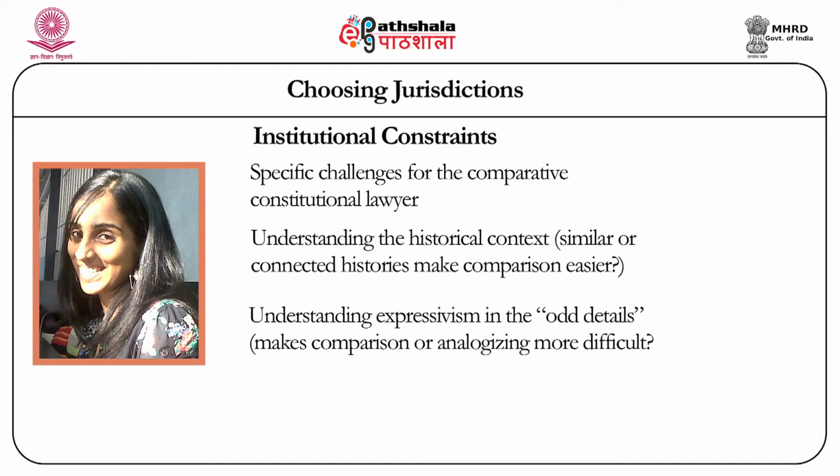So in this section, I've highlighted two practical challenges, one that makes the project of comparison easier and one that makes the project of comparison harder. To recap, we have just looked at the question of institutional constraints, which is basically about the practical challenges that face judges of constitutional courts while they are engaged in the question of choosing jurisdictions.